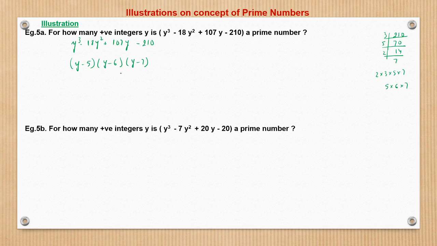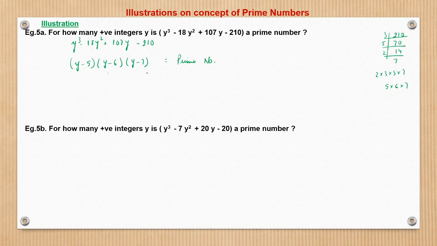Or, to find the roots, you can substitute y equal to 5 first and then get this factorization. So now, can this be a prime number for any value of y? Even if we make, say, y minus 5 equal to 1, then also the remaining number has two factors, y minus 6 and y minus 7.